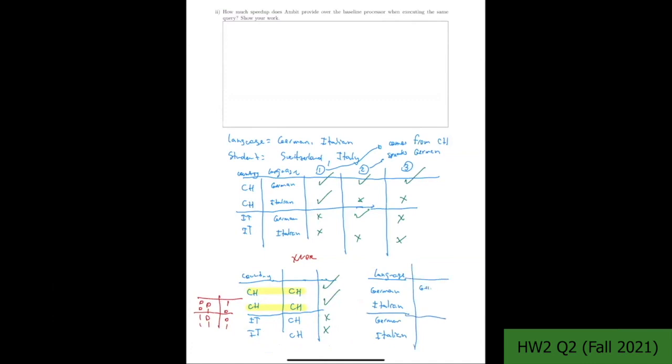So you want to run this against German, the query is German, German, German, German. And you want this line, you want this line, you don't want this line, you don't want this line. And if you look here, these two are equal to each other, these two are equal to each other, so the same operation works, XNOR.